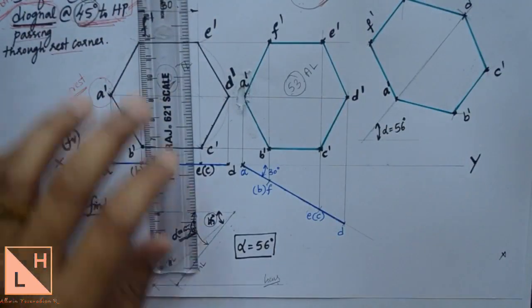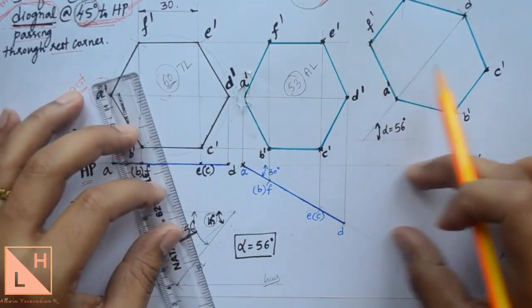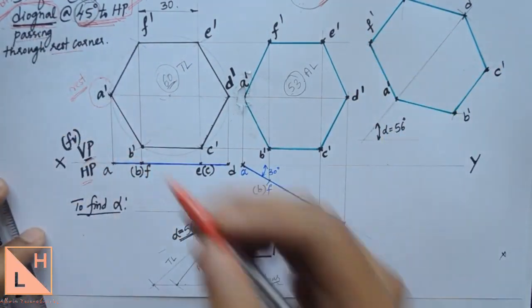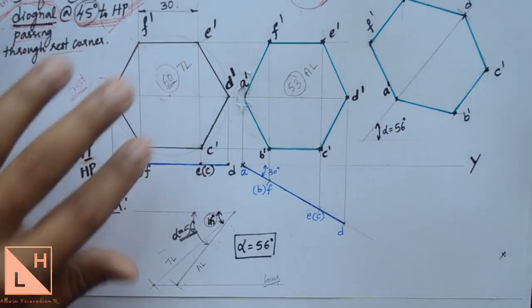So once you've got this third position front view, from here you just need to draw projection lines so that you get the final position. So now we have done with the remaining one condition also. So the checklist whatever we had are completed.